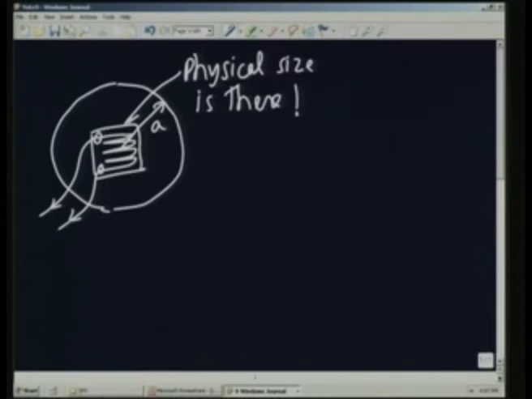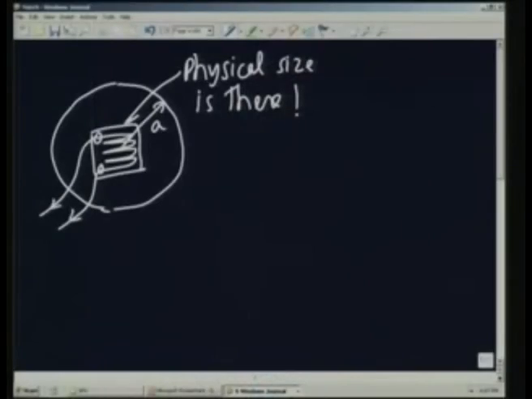It is not a small thing. You saw the picture I showed, it is quite a big thing. So, it is going to occupy a certain region on the diaphragm, which is not a point, but a certain area. Therefore, we can expect that the gauge is going to actually respond to the average value of the strain over the area of the gauge.